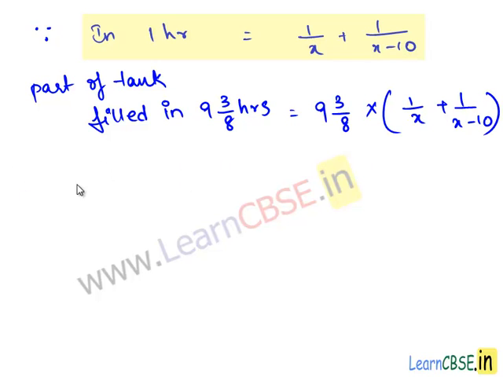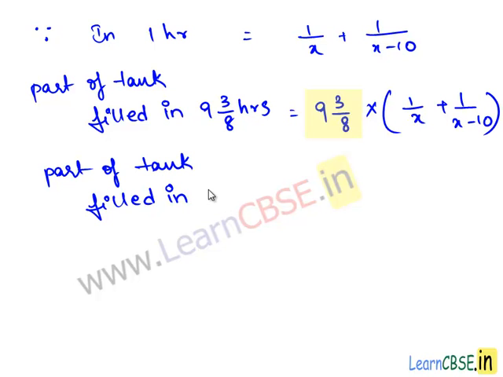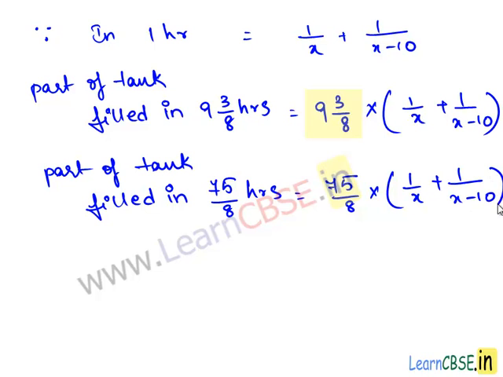On converting 9 3 by 8 into its improper fraction, we have the part of the tank filled in 75 by 8 hours is equal to 75 by 8 multiplied by 1 by x plus 1 by x minus 10. But according to the question, the two taps together can fill the entire tank in 9 3 by 8 hours, that is 75 by 8 hours.